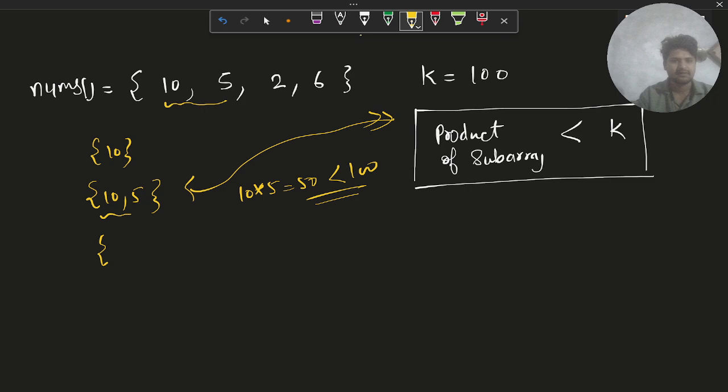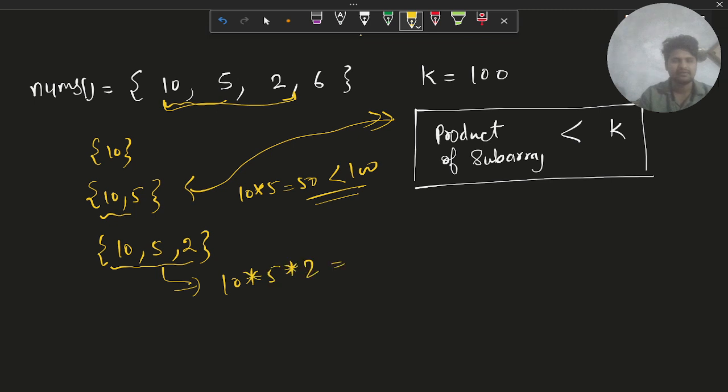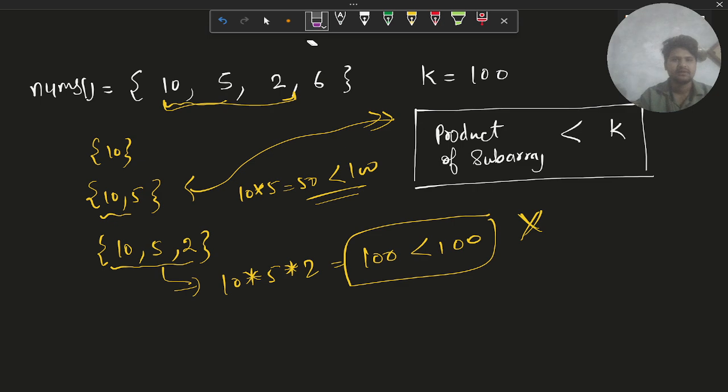And if you take the subarray 10, 5, and 2, the product is 10 into 5 into 2, which is 50 into 2, equal to 100. Comparing with the condition, this is not satisfying, because they are equal. So this is not a subarray we want, and we don't count it.